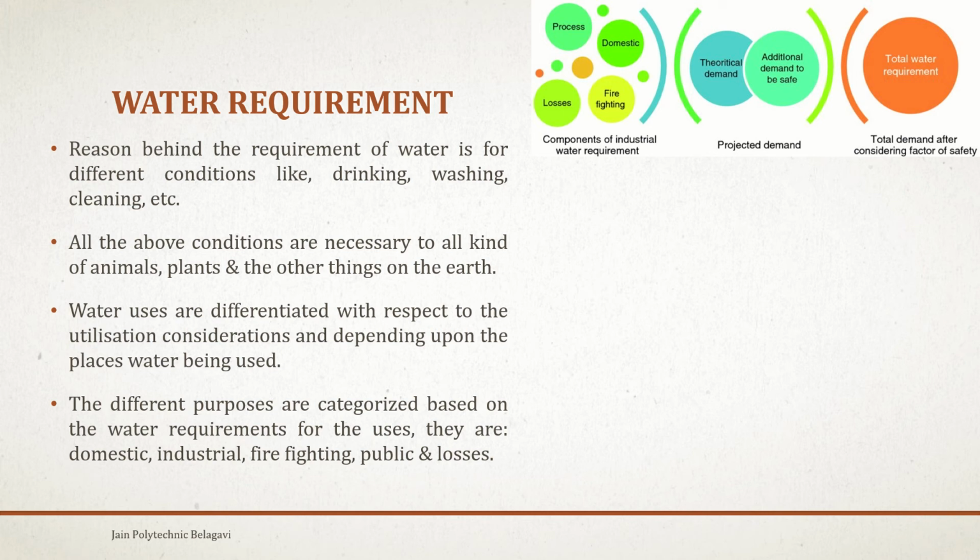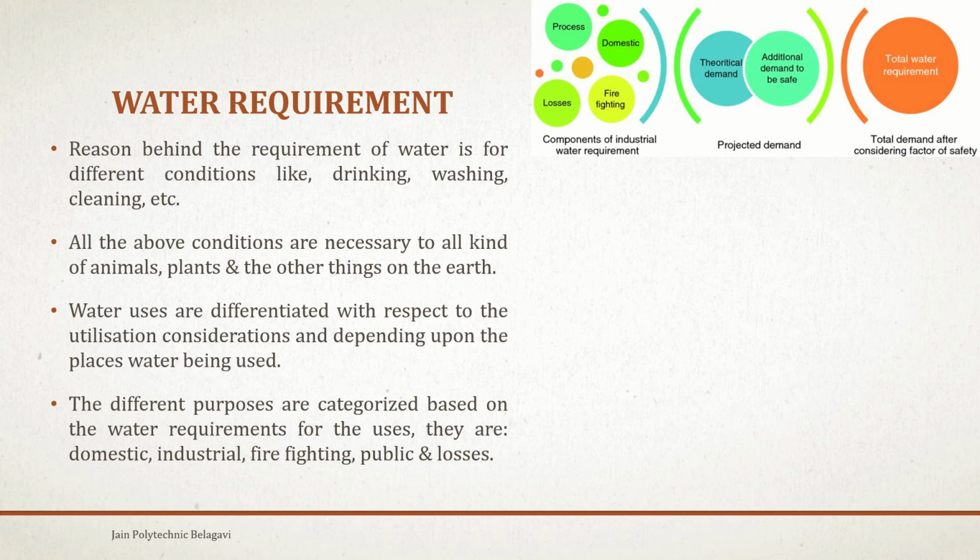Theoretical demand in the sense, what will be the demand for the domestic purposes, industrial purposes, firefighting, public uses, and so on. How it will be used, we will be dealing with in a theoretical way by using some formulas, or by understanding, or by getting some knowledge from the public.